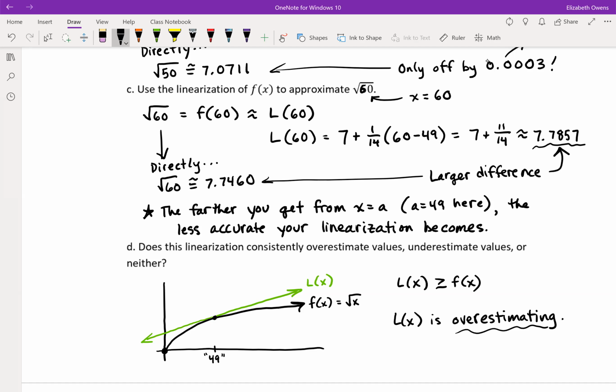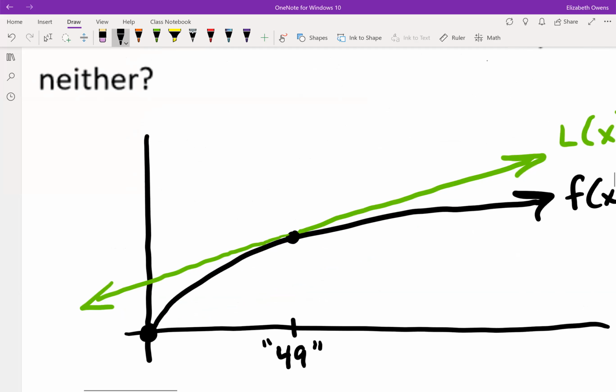We can also see from this graph why the square root of 60 turned out to be less accurate than square root of 50. Because if we think of where 50 would be on this, it's very, very close to 49. So our f of x and L of x values are really, really close to each other at that point. So that would be like where 50 is approximately. And then 60, you might have moved over to about here, let's say.